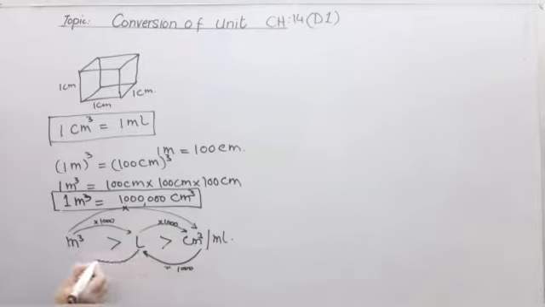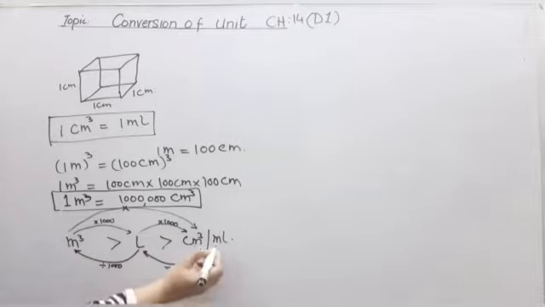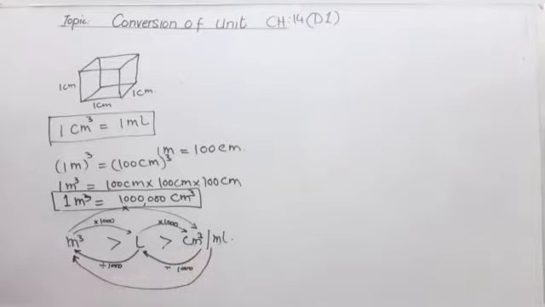And if liter into cubic meter, then also division by 1000. And if I need to convert milliliter or cubic centimeter into cubic meter, then we divide it by 1 million.